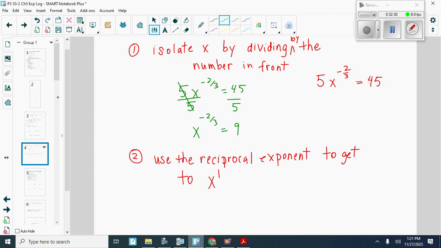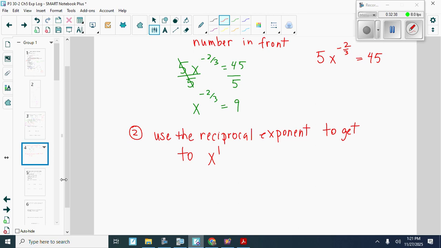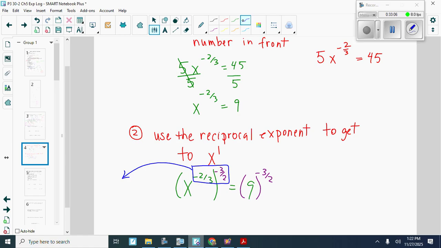If the exponent is negative, take the negative with you. In this example our exponent is negative, so we put everything in brackets and multiply by the reciprocal. The whole point of that, guys, is this has to equal 1.